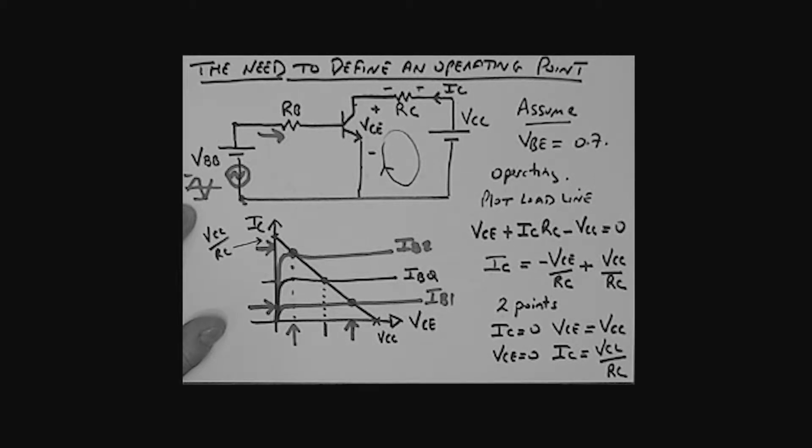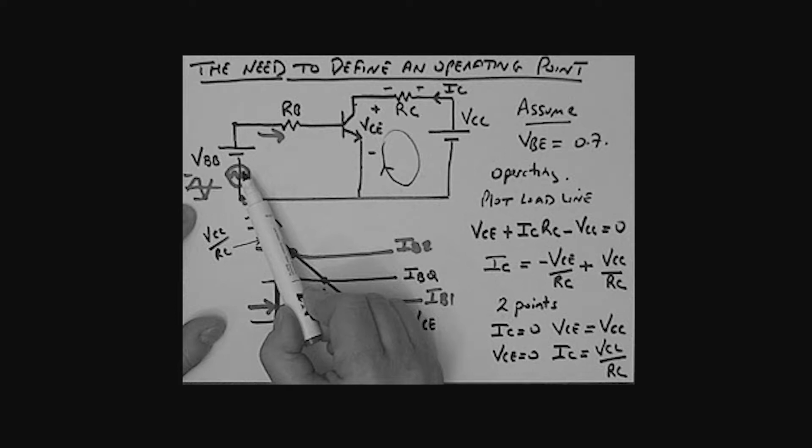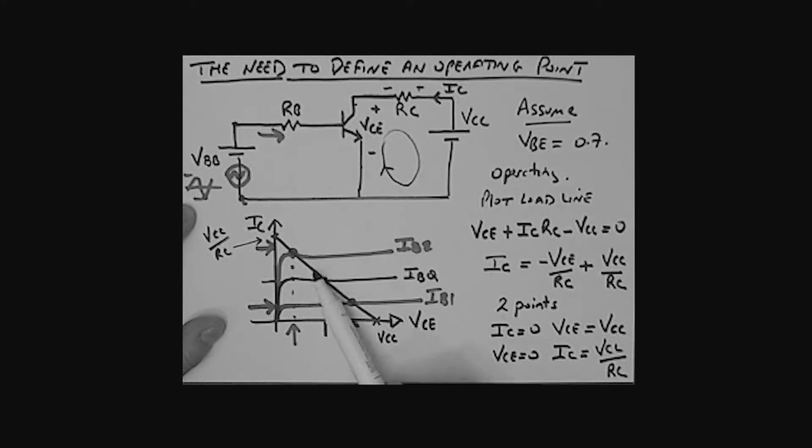Now consider this for a moment. What's going on? Well, if I release time and let this sinusoid run, what do you expect to happen? Well, really we expect to be moving up and down this load line between these limits. And so what I'm expecting to see really is a variation.